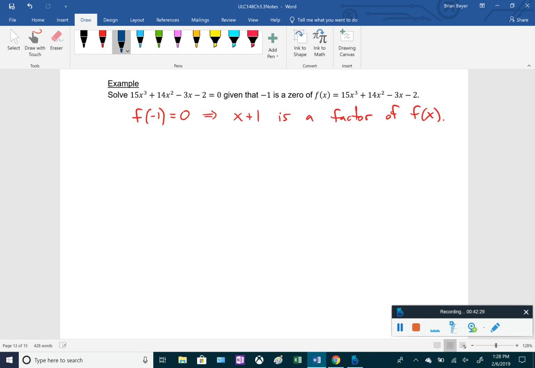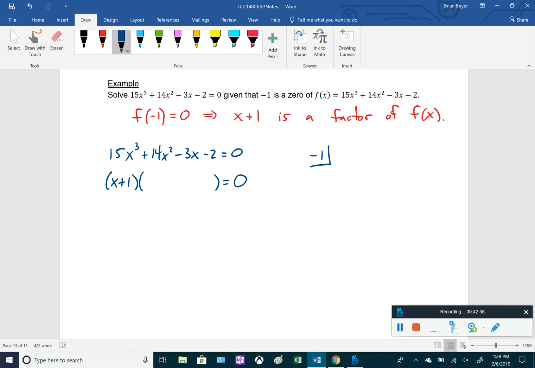So what that means is that when we're trying to solve 15x cubed plus 14x squared minus 3x minus 2 equals 0, we can factor it as x plus 1 times something equals 0, and we can find that other something by synthetic division.